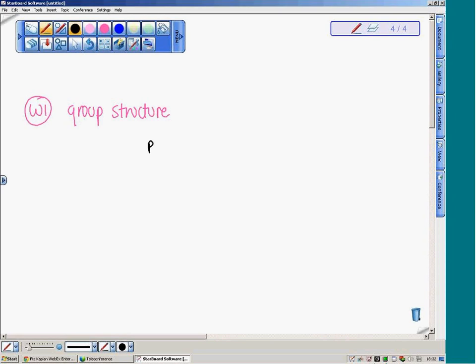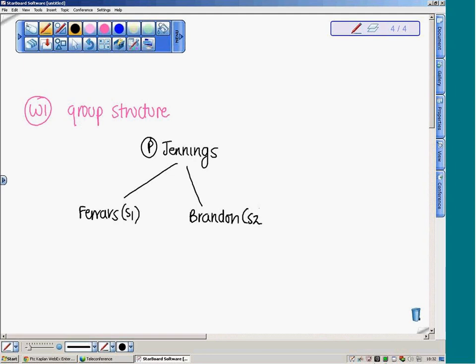Group structure, my parent, and that's Jennings. Okay. Jennings has got a shareholding in Perez, which I'll refer to as my sub 1. Okay. They're holding in Brandon, and I'll refer to that as my sub 2.